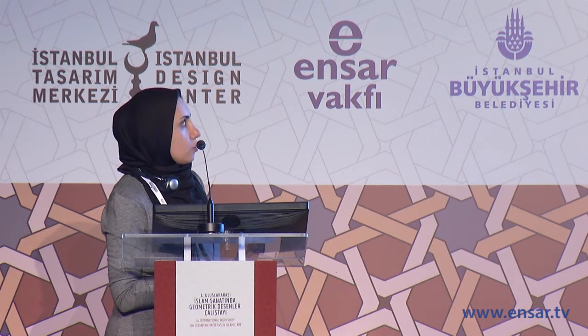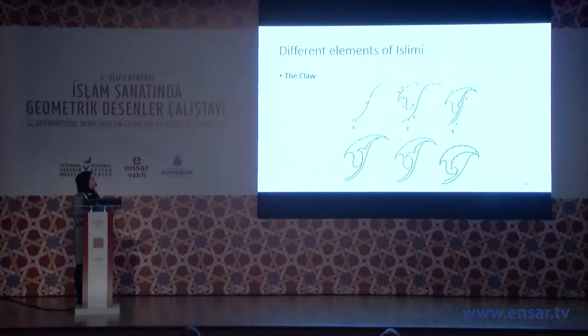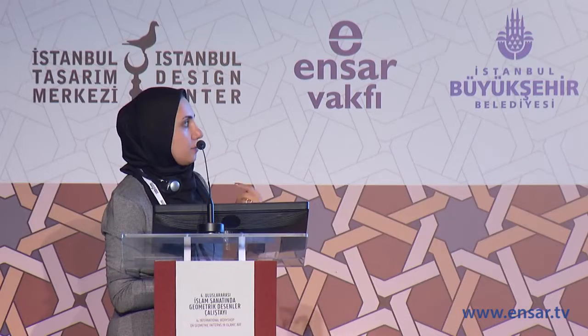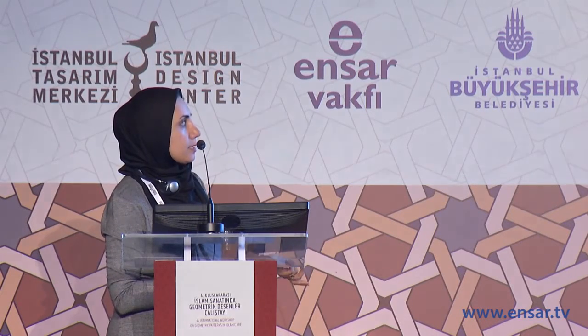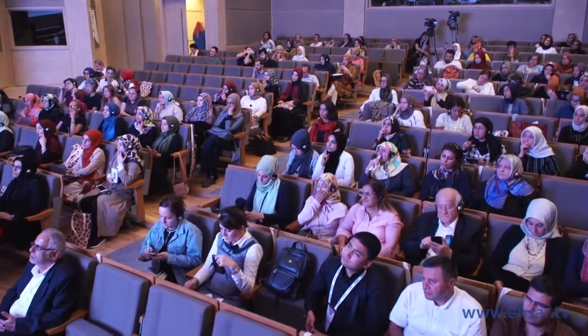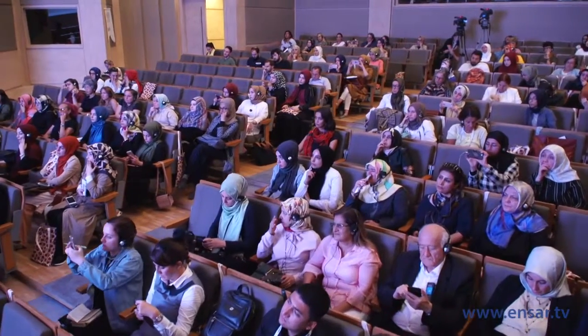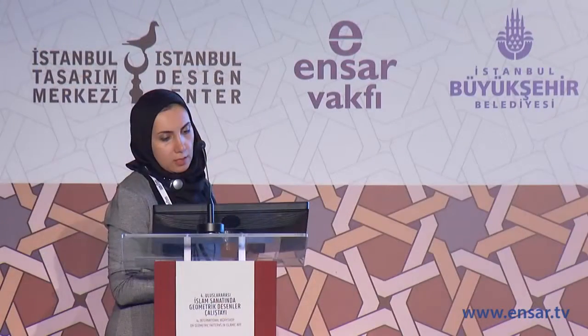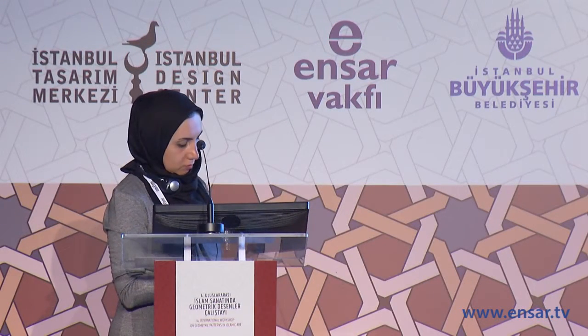One of the most important elements is the claw. We call it chang, which is, again, extracted from the same spiral movement of the Arabesque, and then it goes further and comes back to make different types of the claw.